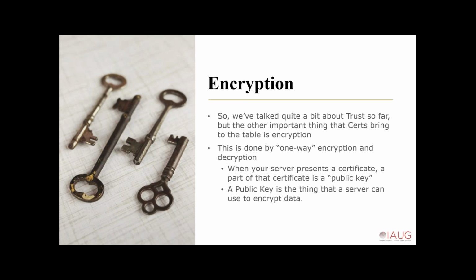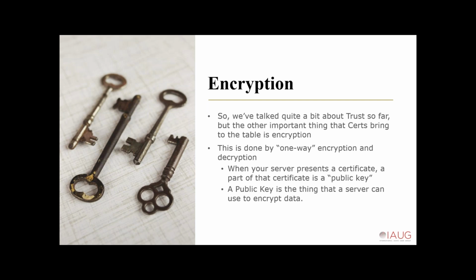So we've talked a lot about trust so far, and the other thing we need to worry about with certificates is encryption. Certificates natively are meant to set up one-way encryption and decryption. So essentially, your server is going to present a certificate as a part of that communication, and a part of that certificate is what's known as a public key.